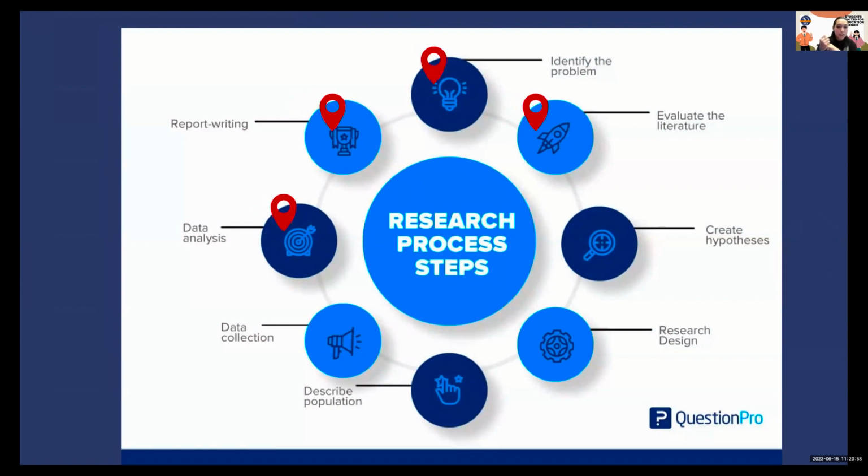So if we're imagining the research process as this 8-step process, all the way from identifying the problem to report writing, we're going to live in this space from start to finish, not really looking at the interim, but again, there are many tools that are designed to help those particular stages of the process. But I think what will be really useful to you as educators is focusing on those first and last steps of the research process.